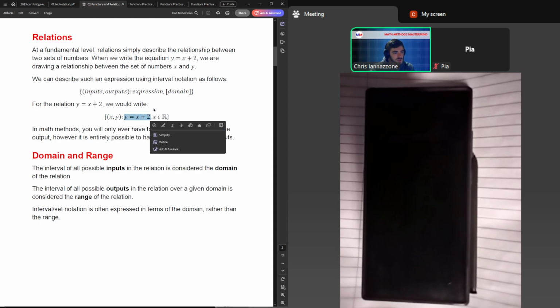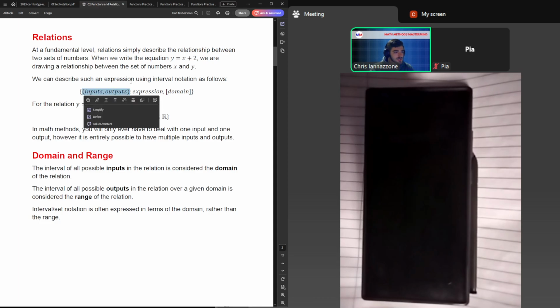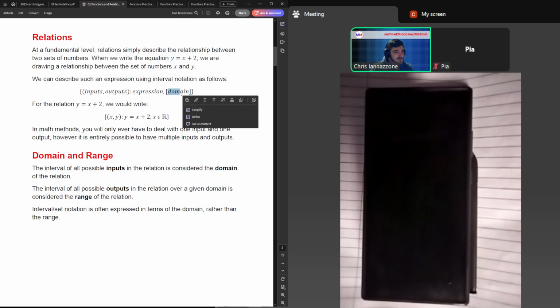So if you look at this rule here, it uses both y and x, and so at the front is going to be x and y. Those are your inputs and outputs. Next is the expression itself. That's just the rule of the equation. And then after that is going to be whatever the domain is, which in this case is all real numbers.